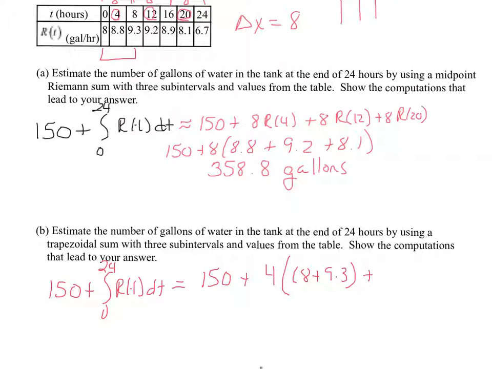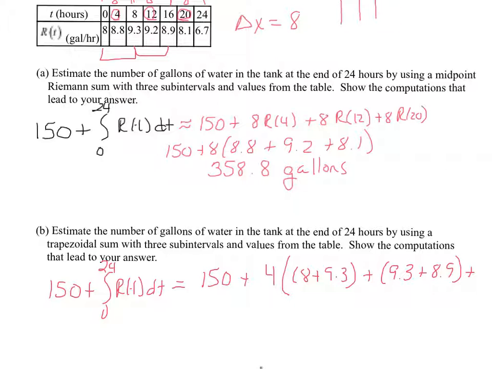Plus 9.3, plus 8.9. Where's the 4 on the outside coming from? Okay, each subinterval is 8, but it's half of that.